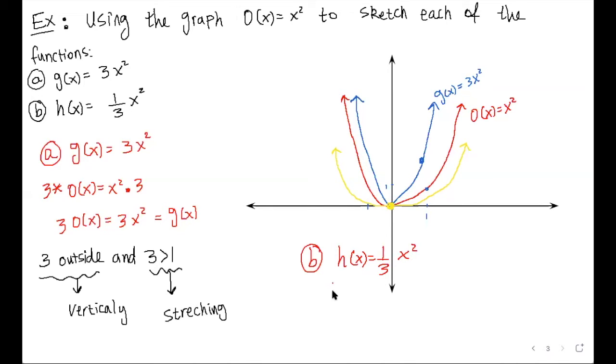The 1 over 3 is outside, and 1 over 3 is between 0 and 1. Outside means vertically, and between 0 and 1 means shrinking.